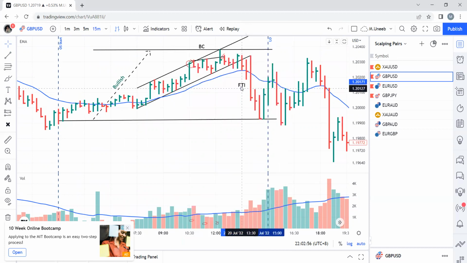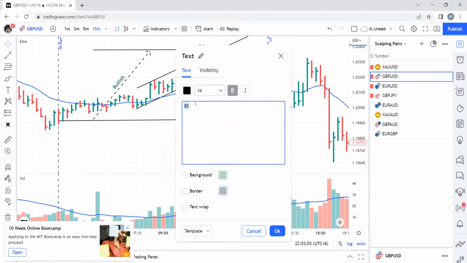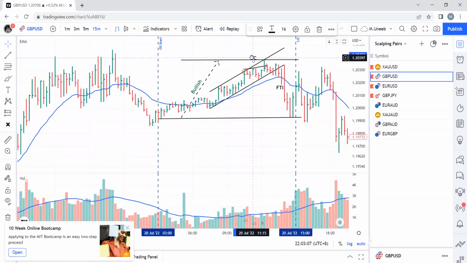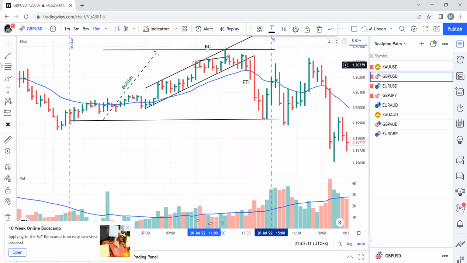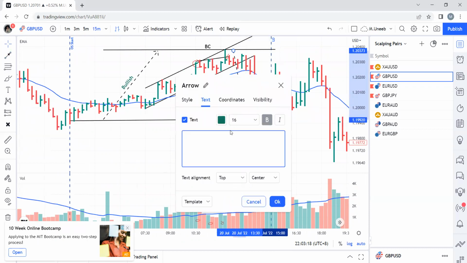So the bias from overnight high and low, okay? The bias from overnight high and low is what? Bearish. Understand, these two things are clear now.